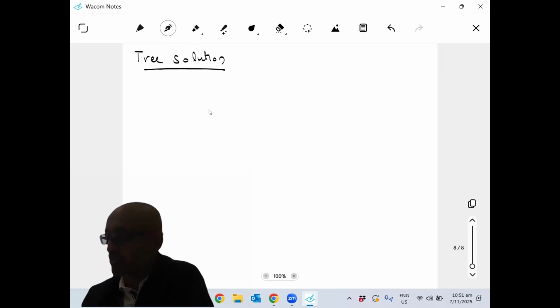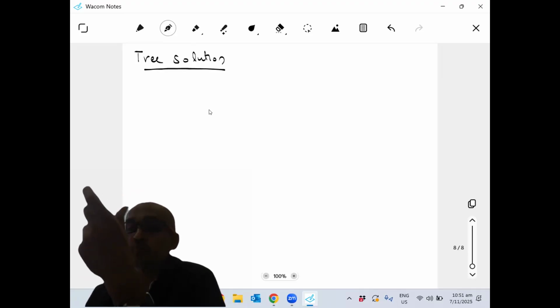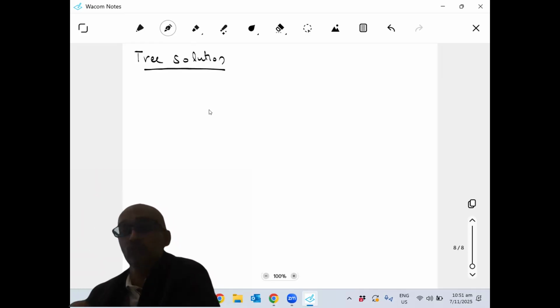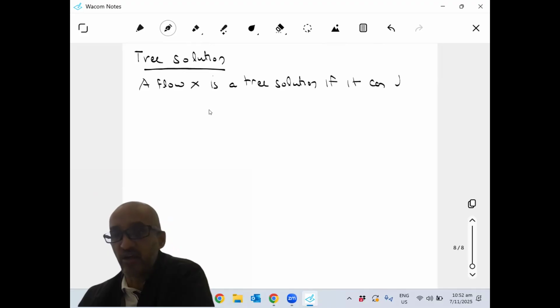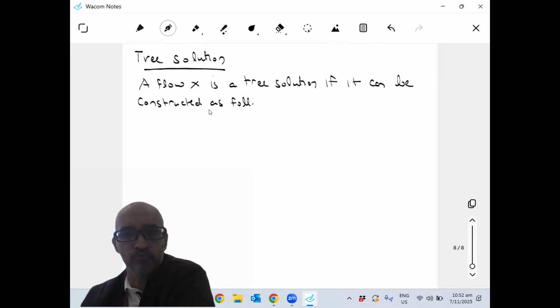The book has examples. You can work through it on your own. But I want to give you key ideas which I think are useful to know. So what's a tree solution? We're going to define what it means for a flow to be a tree solution, and we will see that this is what basic feasible solutions are. A flow X is a tree solution if it can be constructed as follows.